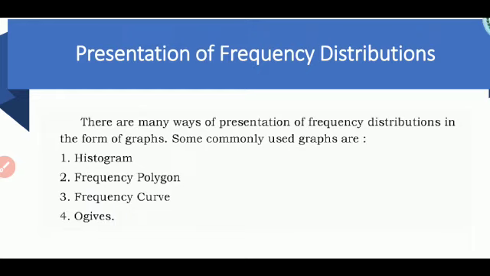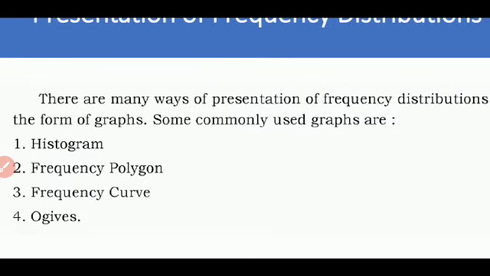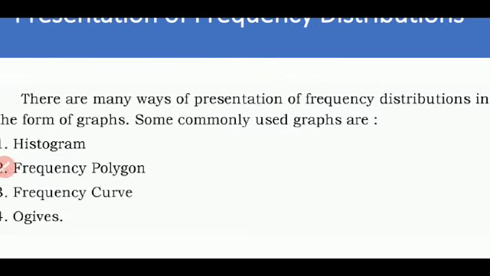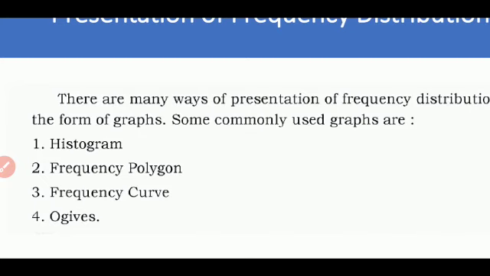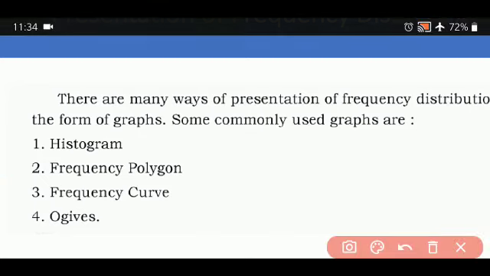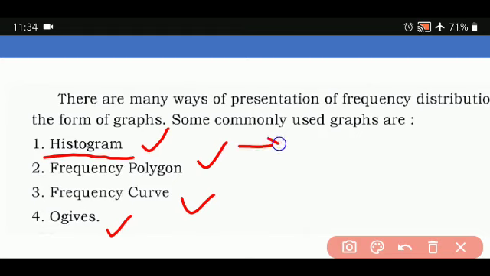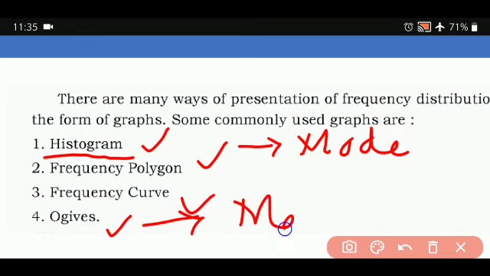There are many ways of presenting frequency distribution in the form of graphs. Some commonly used graphs you are going to study in the PUC1 syllabus are histogram, frequency polygon, frequency curve and ogives. From the histogram you can locate the mode, and from the ogives you can locate the median.